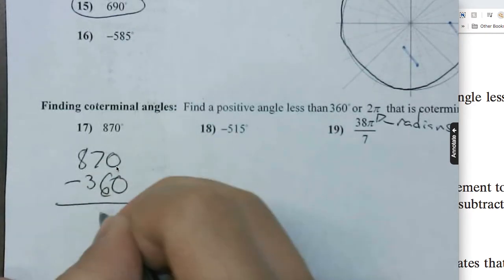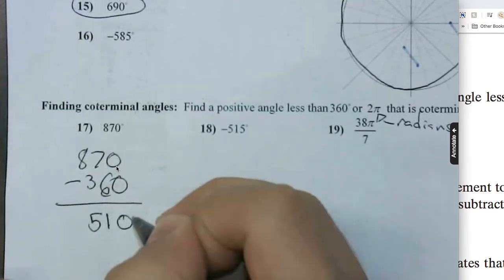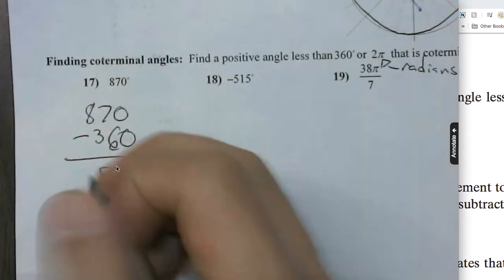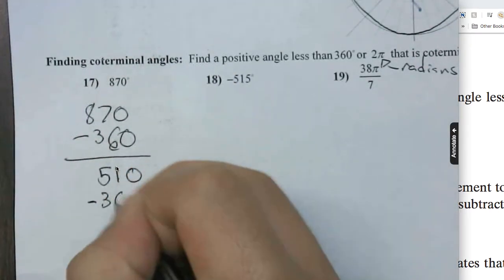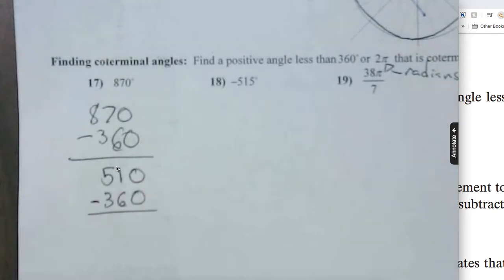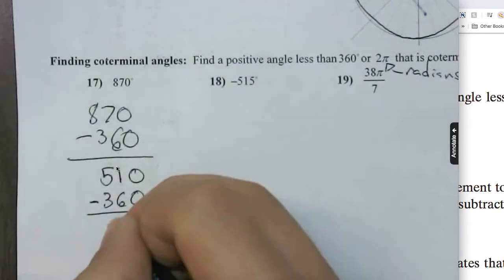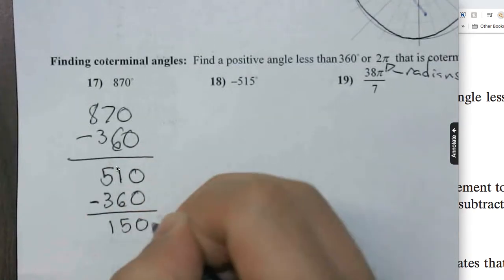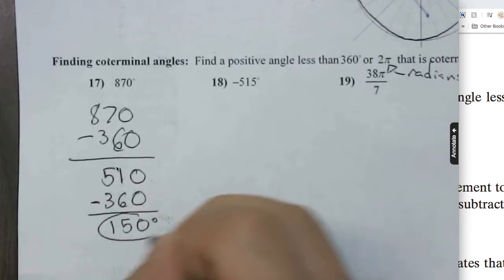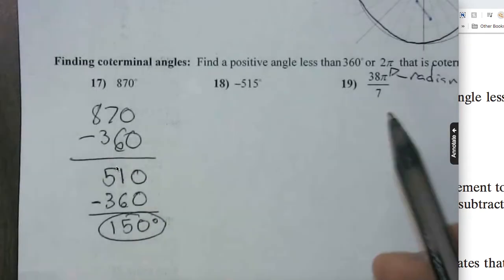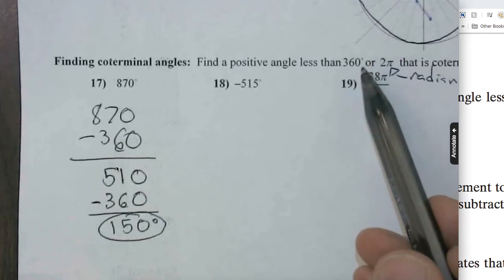That would get us 510, which is a bit too much, so let's keep going. Let's deduct 360 degrees again. That should get us 150 degrees, which satisfies our condition where we want this angle to be less than 360 degrees.